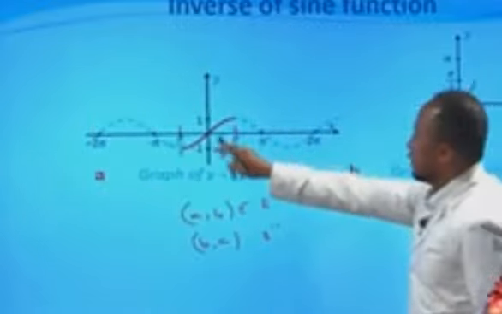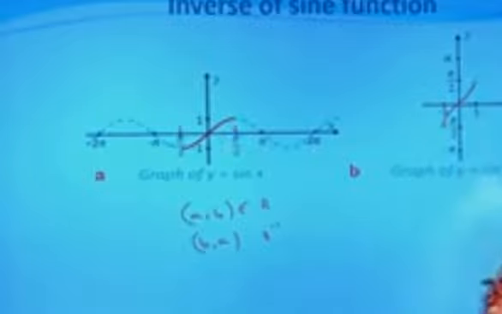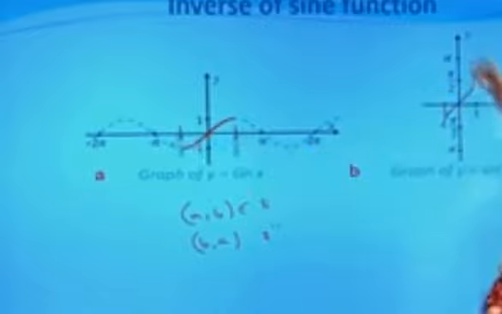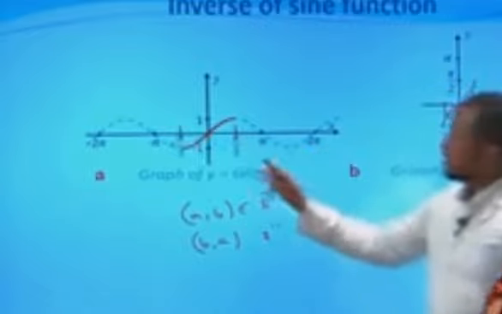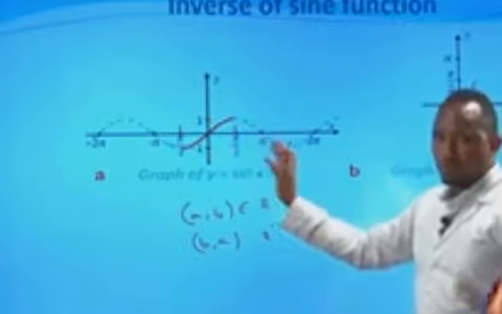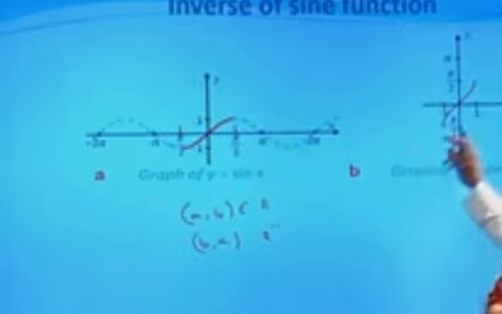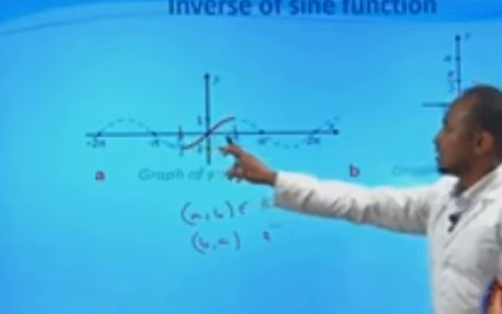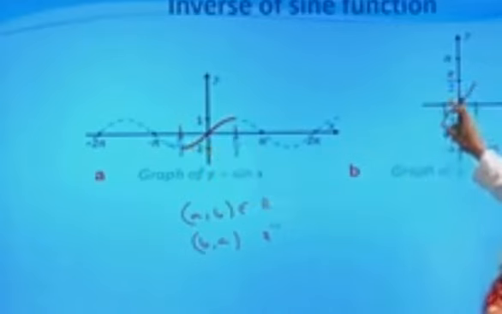So you can see the inverse here: negative 1, 1 on the x-axis, and these values on the y-axis. When the value of y is 1, the value of x is pi over 2. So interchanging, when the value of x is 1, the value of y is pi over 2. And when the value of x is negative pi over 2, the value of y is negative 1, so this will be negative 1 and pi over 2.